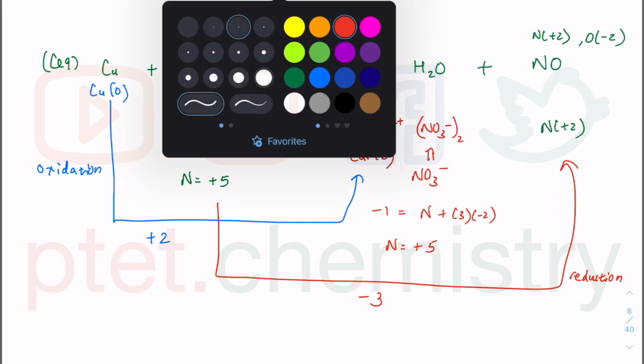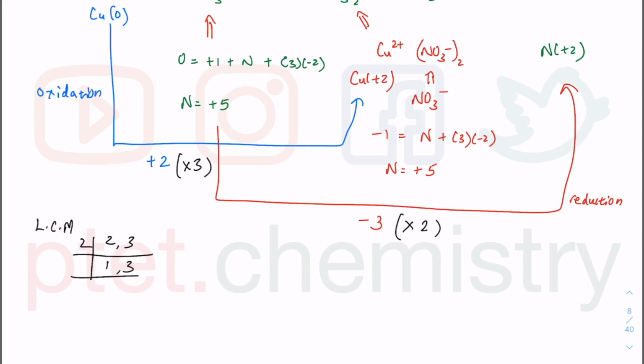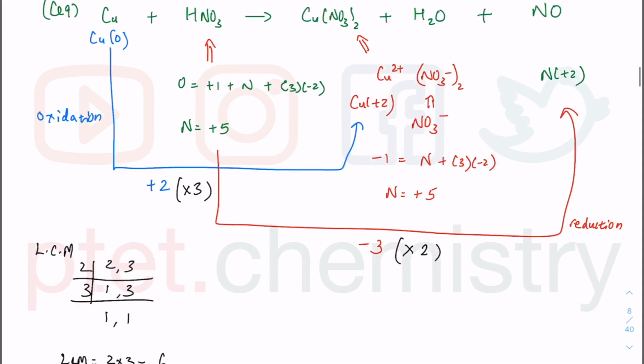Changes in oxidation number must be balanced, so I have to multiply that by 2, I have to multiply that by 3, because the lowest common multiple of 2 and 3, the LCM, is a primary school mathematics concept, so the LCM is just 2 times 3, which is 6. I need 6 electrons to be transferred throughout, and therefore the changes in oxidation number have to balance like that.